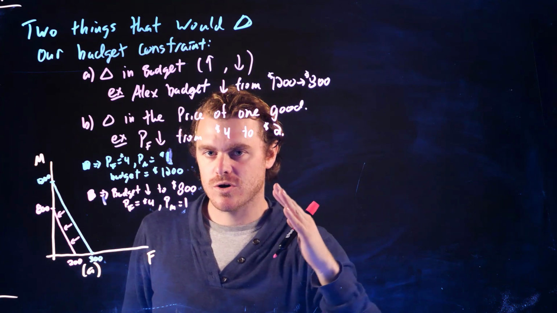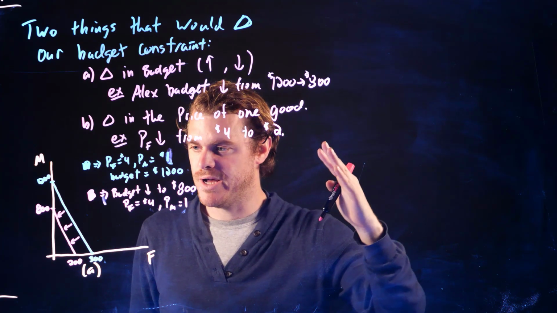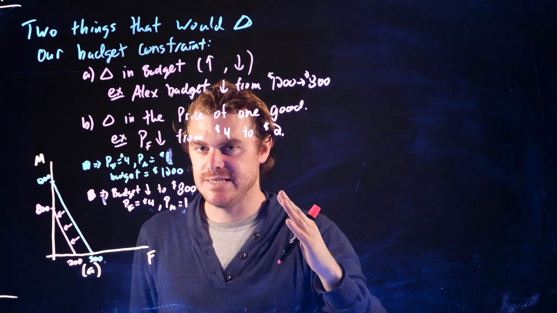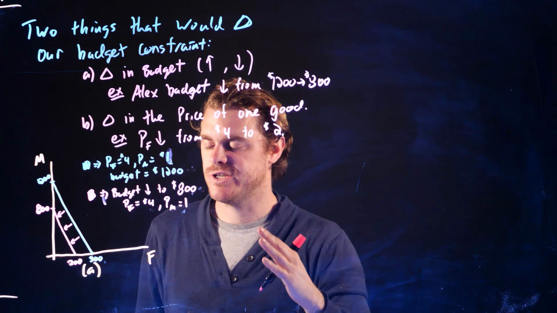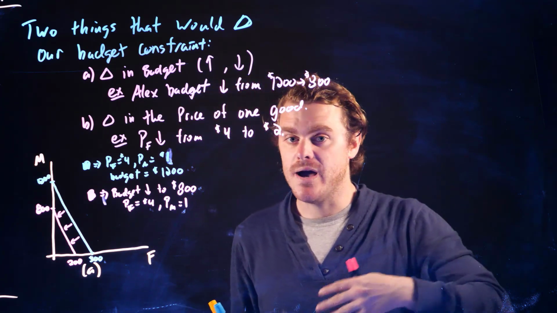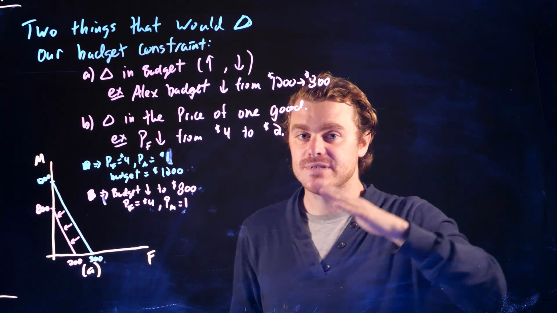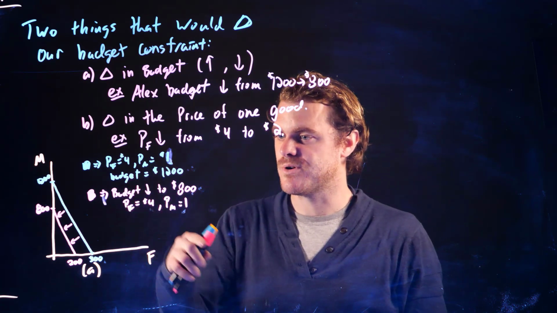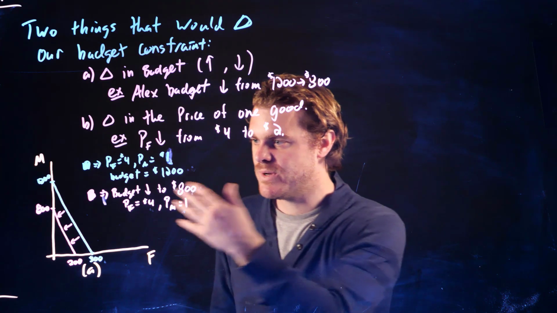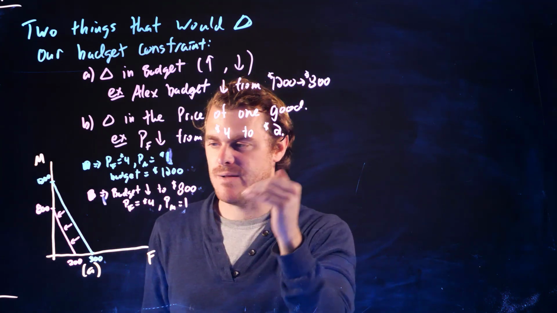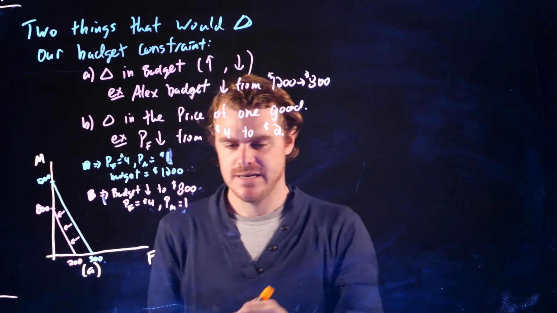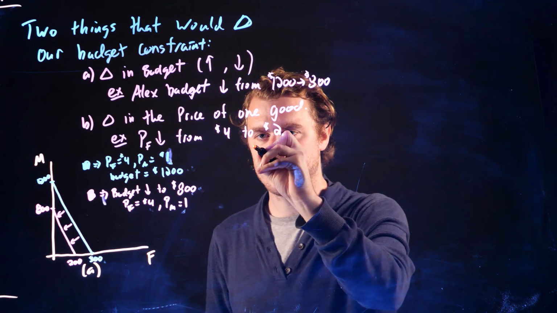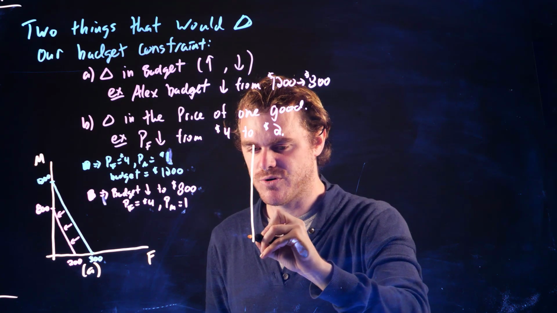So the whole budget constraint is shifting in when there's a decrease in income, a parallel shift in. Now if our budget went up, there'd be a parallel shift out, assuming that the prices remain constant. So this is what's happening when we have a decrease in income, this parallel shift in. Now let's look at this second scenario, a change in prices.